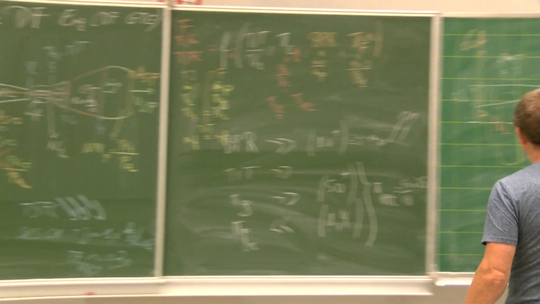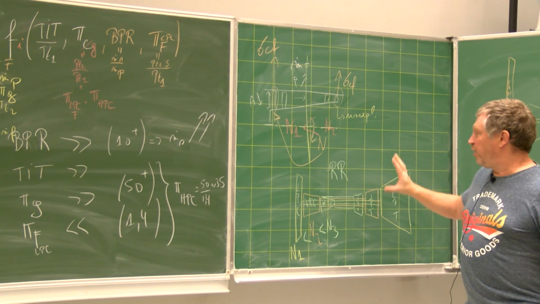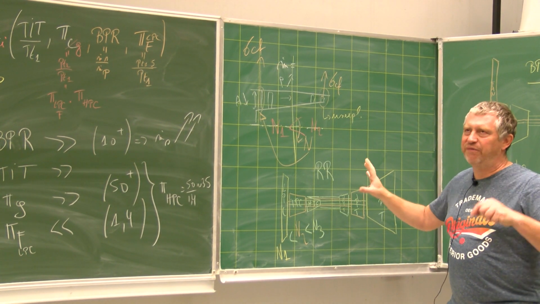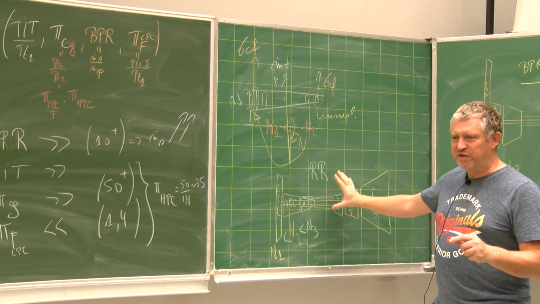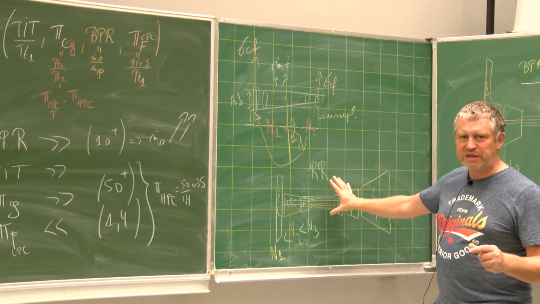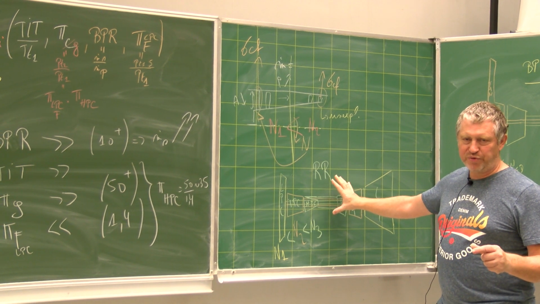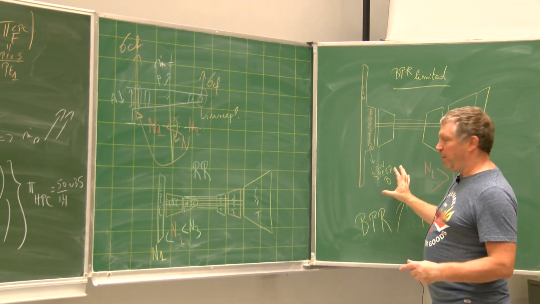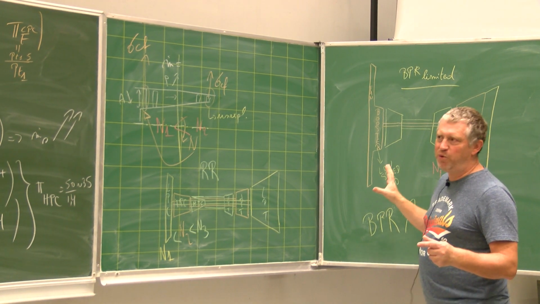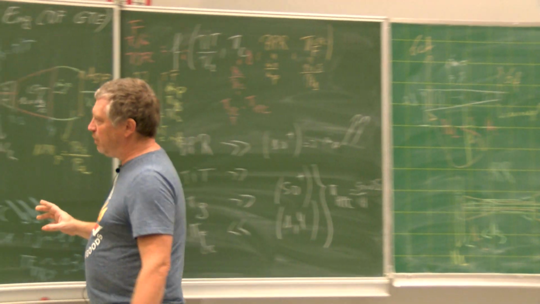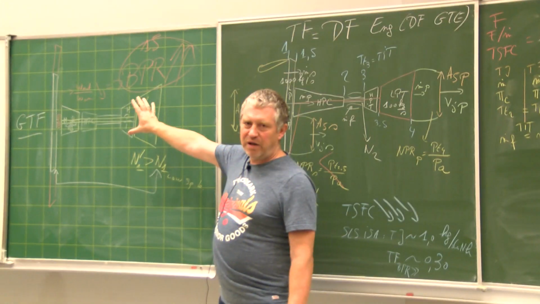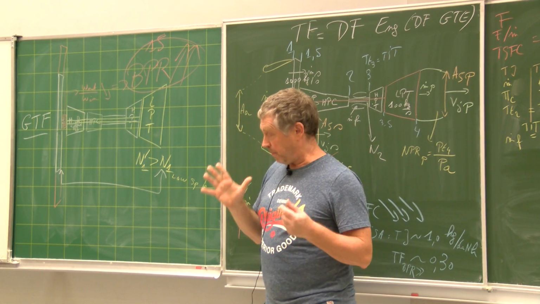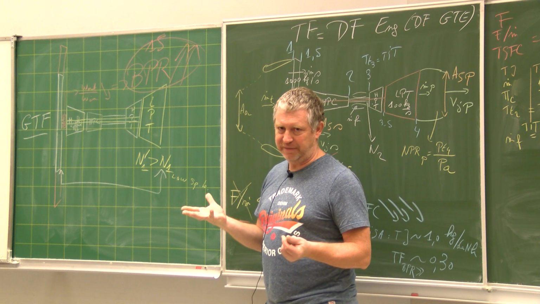But the first one you have, this is the 3-spool engine. The first one you have, maybe not historically, but the first type you can have. This is the 3-spool engine made by Rolls-Royce. Then you have the 2-spool with a booster, what we call today a low-speed booster, because we have a solution with a 3-speed compressor with a high-speed booster with a gearbox that is called the geared turbofan.